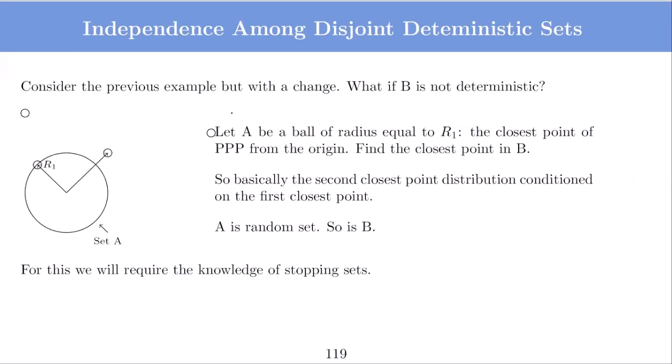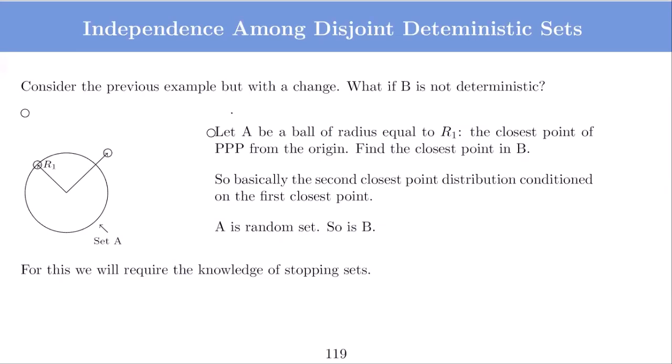So I want to ask what is the closest point in B given A. B depends on A. So now basically you want to ask what is the distribution of the second closest point, conditioned on the first closest point?